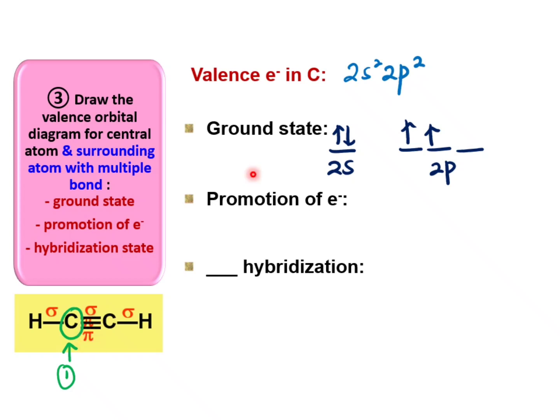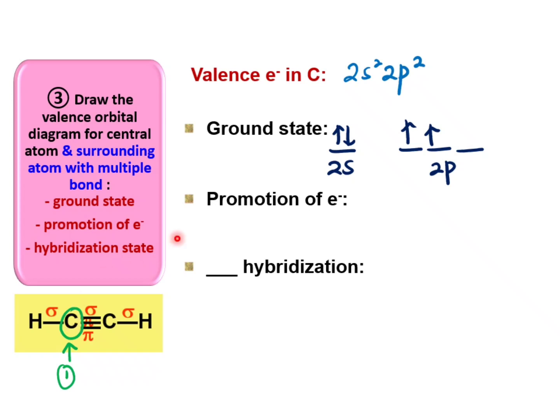Bermaksud dia kena ada 4 single electron, untuk dia sharing with hydrogen form sigma bond dan sharing with the other carbon here form 1 sigma and 2 pi bond. So here kita cuma ada 2 single electron sahaja. So tak cukup nak hasilkan 2 sigma bond dan 2 pi bond. So we don't have any lone pair here.